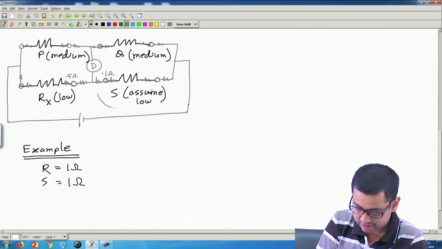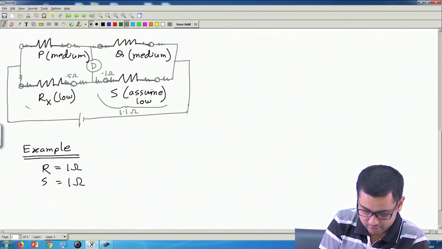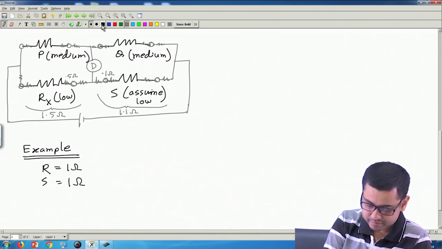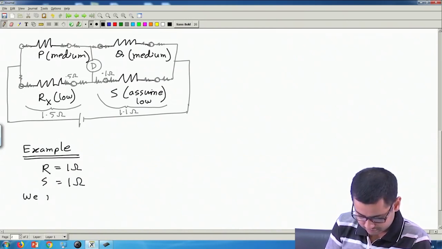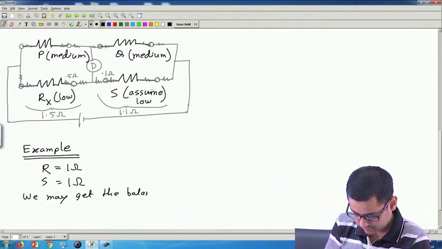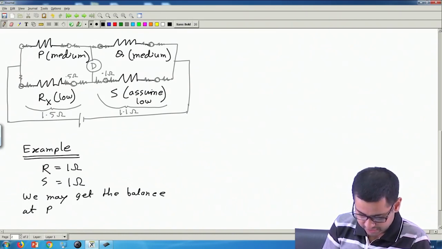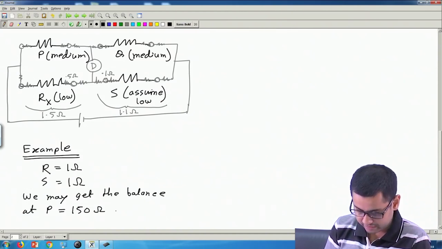Okay, so here 1.1 ohm, here we will have 1.5 ohm, and say we may get the balance with P equals, call it, 150 ohm, and Q equals 110 ohm.